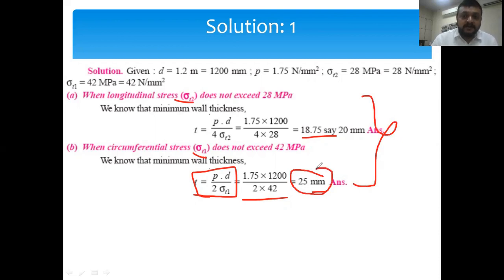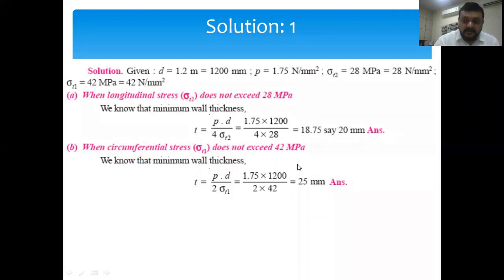But I will tell you that ideally under the circumferential stress your thickness is always higher. So if you design the thin cylindrical pressure vessel under the circumferential stress, then obviously it is always safe under the longitudinal stress by default. Okay.